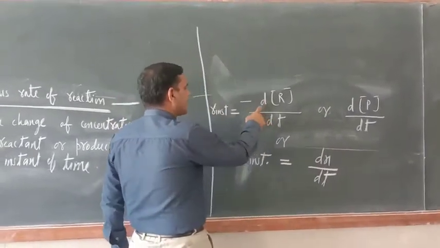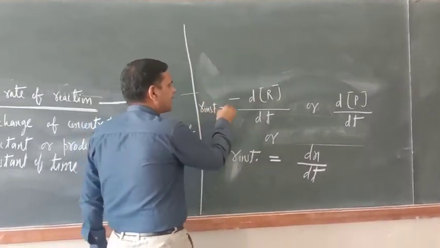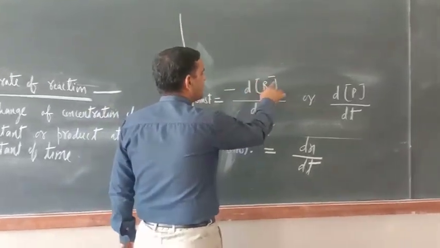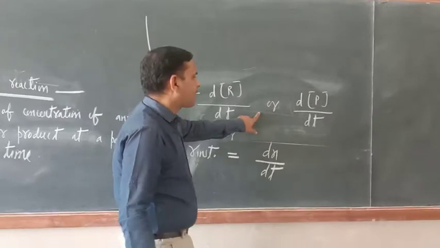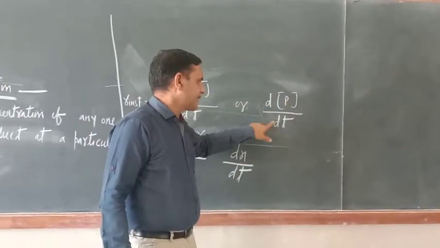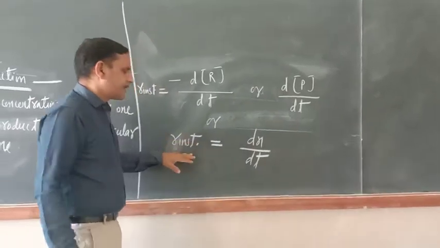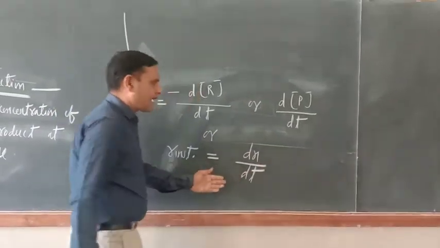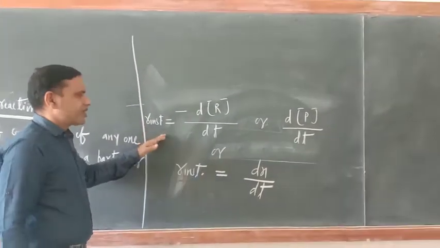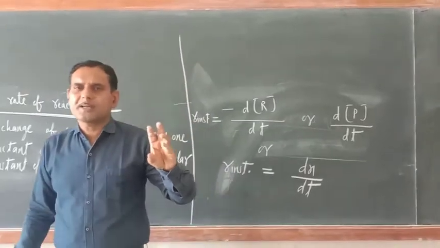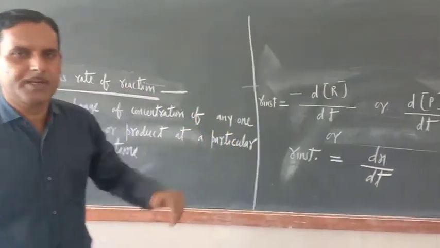Now here, the instantaneous rate equals, if it is for the reactant, minus dR by dt. For the product, it is d of molar concentration divided by dt. Similarly, we can express it this way also, dS by dt. So what is basically the difference between average rate of reaction and instantaneous rate of reaction?